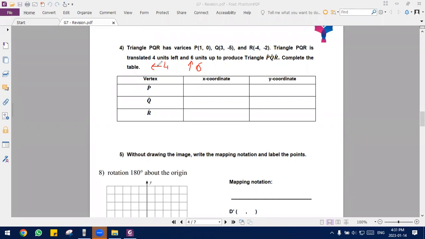Now, when I say 4 units left, as you remember, when we have x and y, if I go to the left, x is negative. So here, what should I do? I should do -4 for the x coordinate. And then if I go up, for the y value, it's plus. So here I'm going up 6 steps. So for the y coordinate, I should do +6.